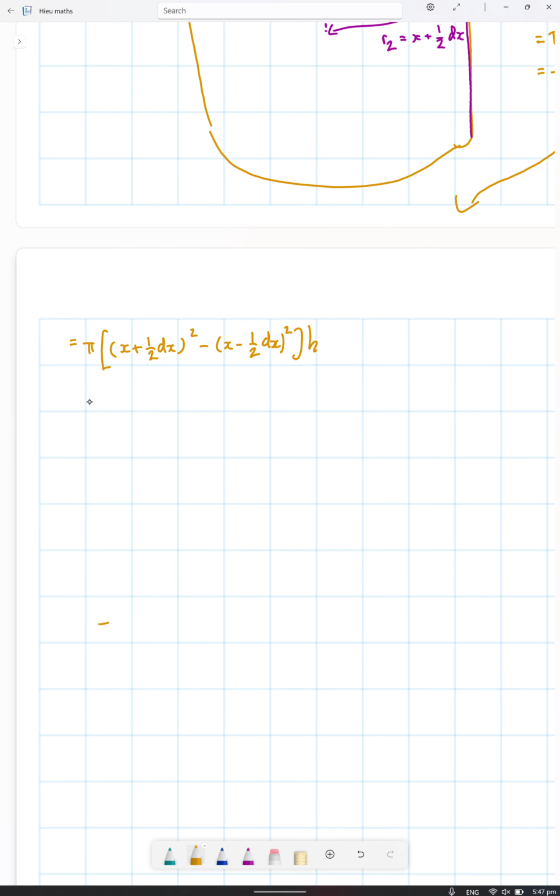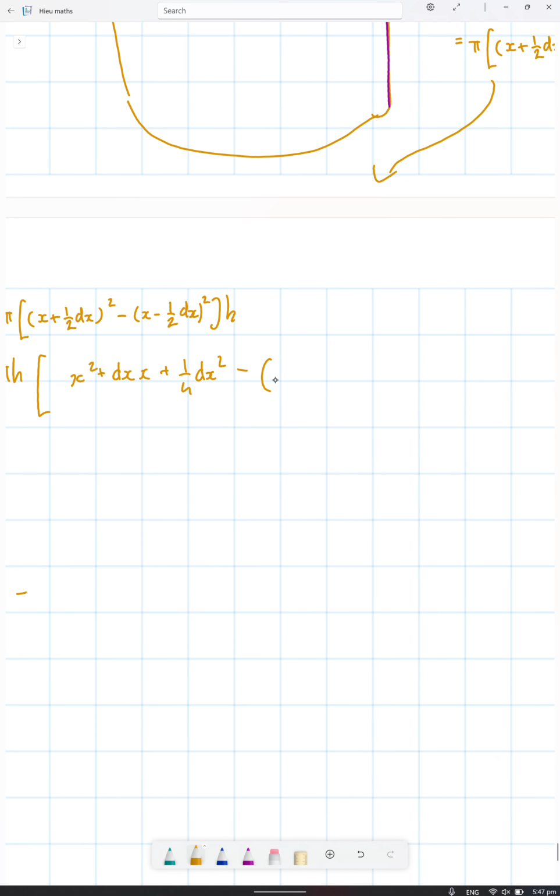So now we're just going to expand it. Let's bring pi and h out here. Then that's x squared plus dx x plus 1/4 dx squared, all of this minus x squared minus dx x plus 1/4 dx squared.